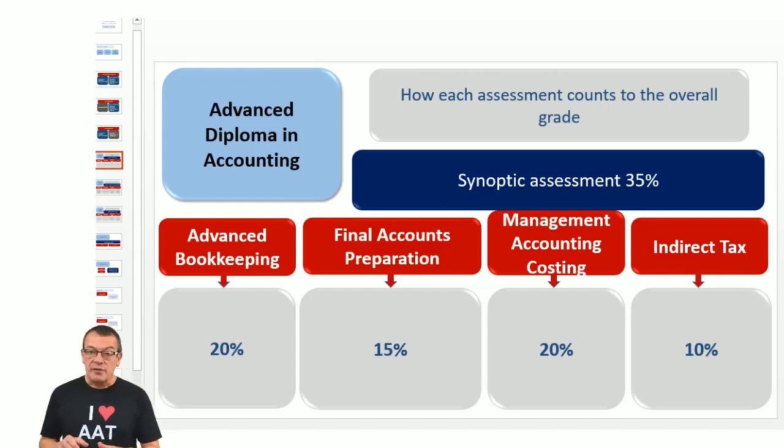Now, if you think carefully, the indirect tax is also part of the bookkeeping units. So your advanced bookkeeping, you will see VAT within that. And you have control accounts, which you've studied at level 2, and which also comes forward to level 3. And within those control accounts, you will have a VAT control account. So therefore, as it's part of 2 sections within your syllabus, you could get an indirect tax element within your synoptic assessment somewhere along the lines.